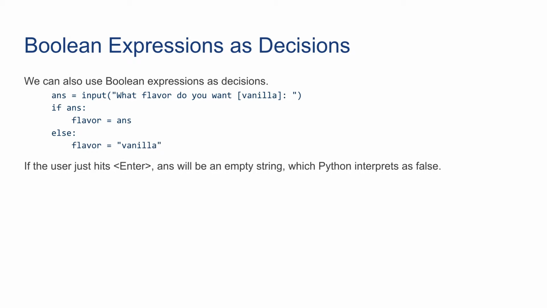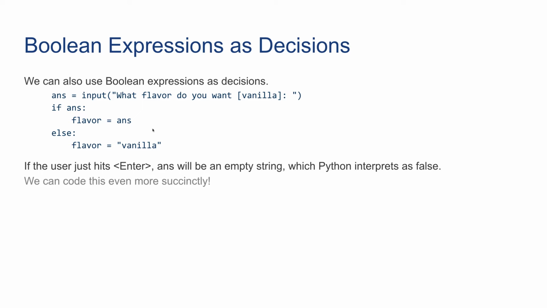If the user just hits enter, the answer will be an empty string, which is false, and in that case, vanilla will be the flavor. Otherwise, whatever the user types, it doesn't even have to be a valid flavor, as long as it is not an empty string.